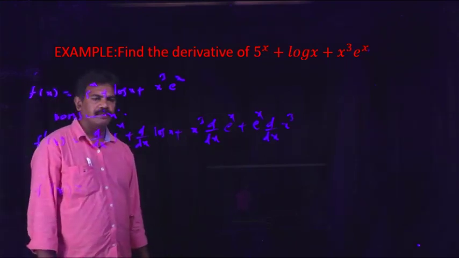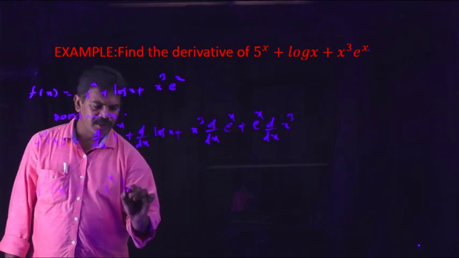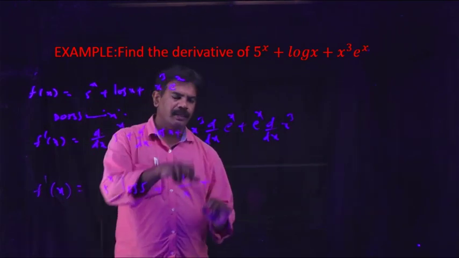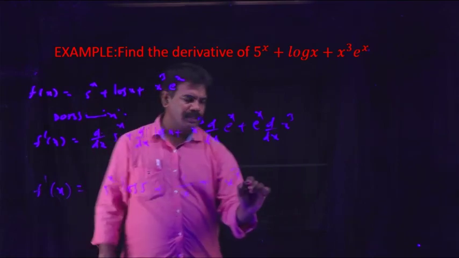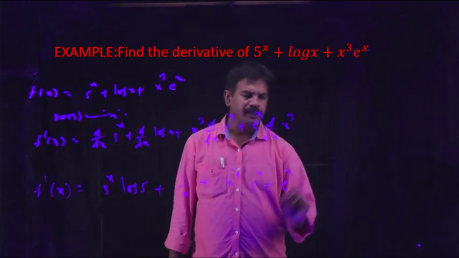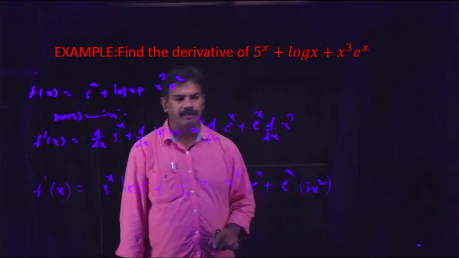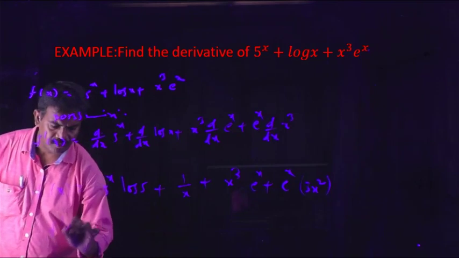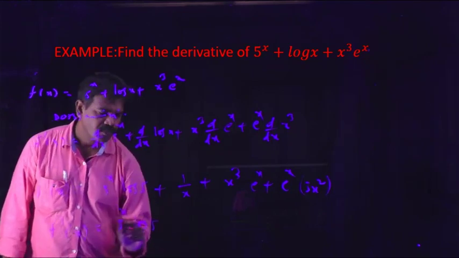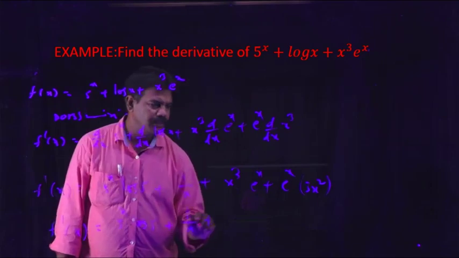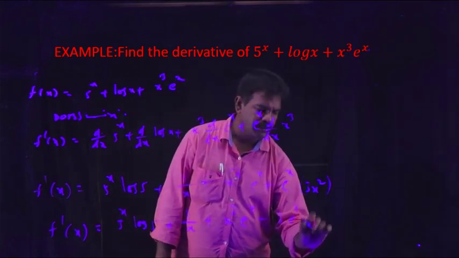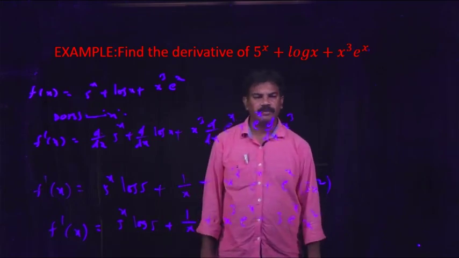We know that the a power x derivative is a power x log a, that is 5 power x into log 5, plus, we know the formula derivative of log x is 1 by x, plus x cube into derivative of e power x is e power x, plus e power x into derivative of x cube, which is in the form of x power n, that is n into x power n minus 1, that is 3x square. f'(x) is equal to 5 power x into log 5 plus 1 by x plus x cube into e power x plus 3 into e power x into x square. So this is the solution of the example.